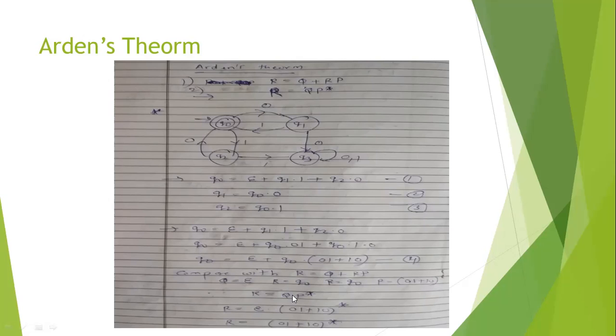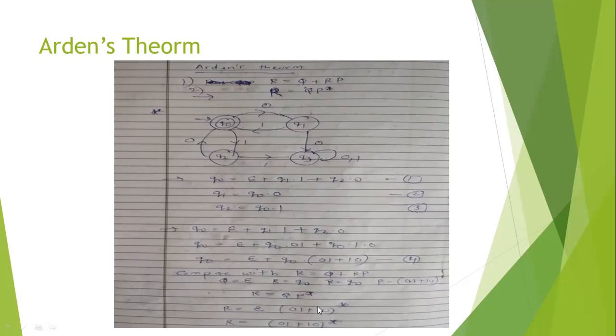Now what is the last remaining? R is equal to QP star. What is the value of Q? Q is epsilon. What is the value of P? The value of P is (01 plus 10). So R is equal to epsilon, (01 plus 10) star. There is nothing for epsilon, so we can say R is equal to (01 plus 10) star.